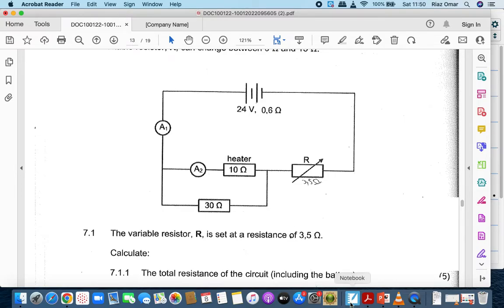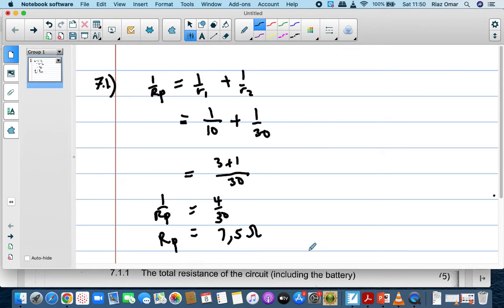So for the total resistance of the circuit, if we carry on, I'll write it on the side. RT will be equal to Rp plus the resistance of the rheostat plus the internal resistance. So in this case, your resistance in parallel is 7.5, plus the resistance of the rheostat is 3.5, plus the internal resistance is 0.6.